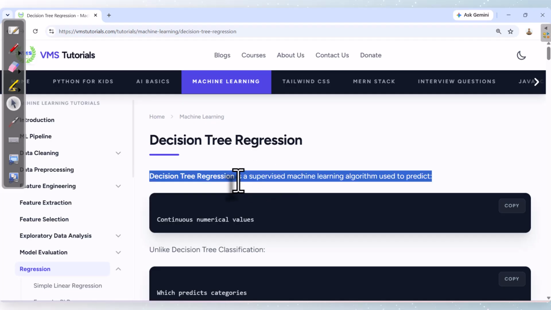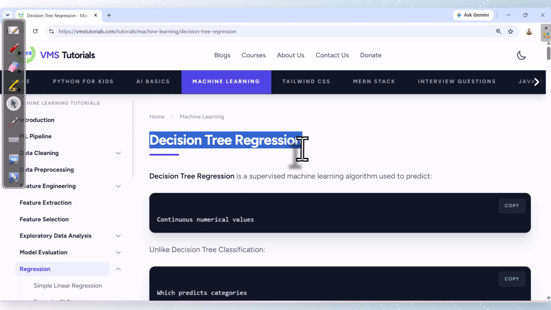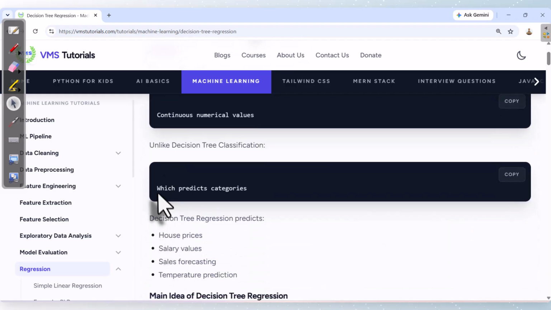Decision tree regression is a supervised machine learning algorithm that is used to predict continuous numerical values. The regular decision tree algorithm is useful for classification problems, but decision tree regression is helpful for predicting continuous numerical values. Unlike decision tree classification, as we know, which predicts categories.